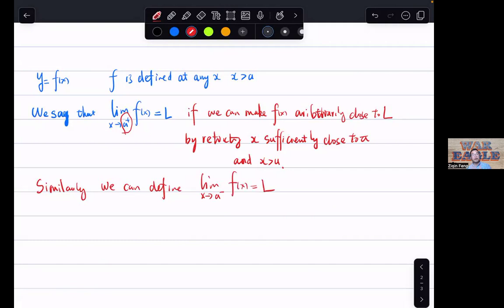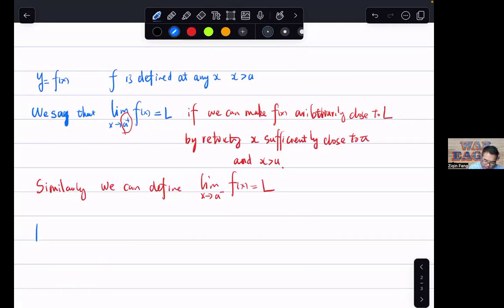So x goes to a plus means on the right side, x is greater than a, getting closer and closer to a. x goes to a minus means x is getting closer and closer to a, but x is always less than a.